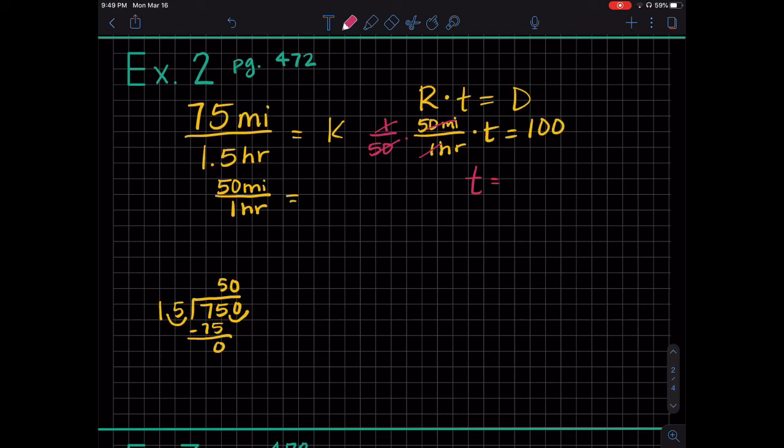And then, don't forget, what you do to one side, you must do to the other. So we still need to multiply by 1 over 50 here. And then 100 times 1 is 100, divided by 50 is 2. So it takes her 2 hours to drive 100 miles.